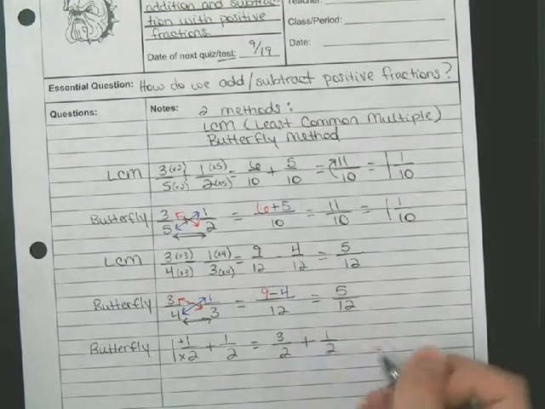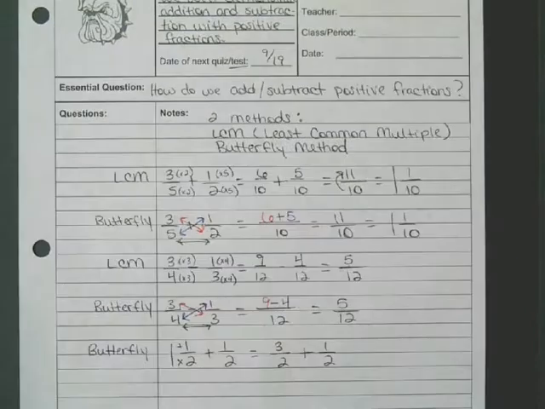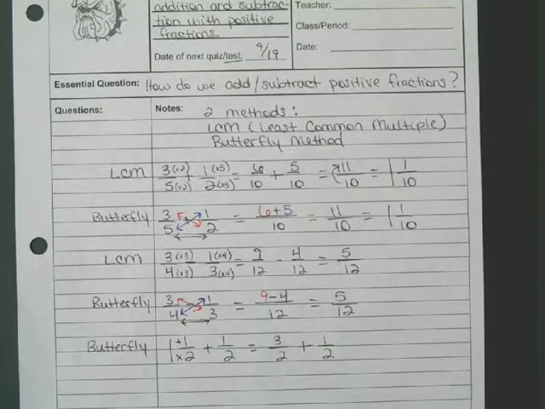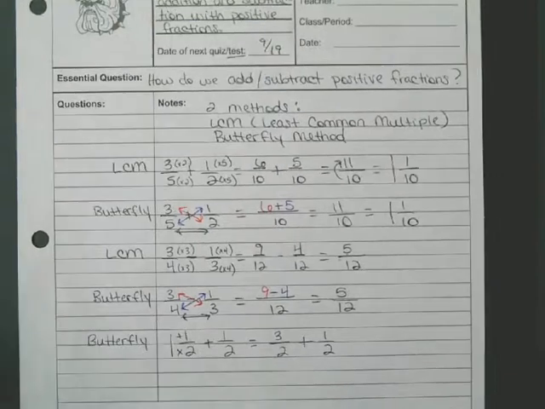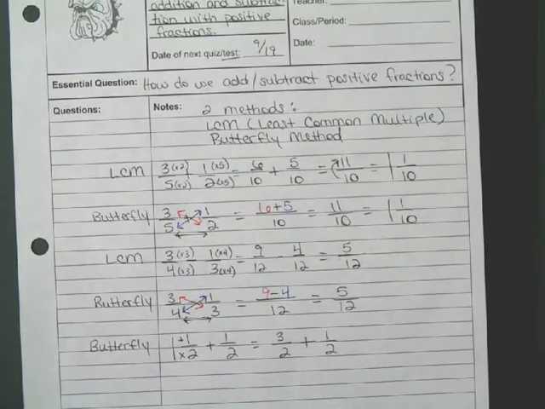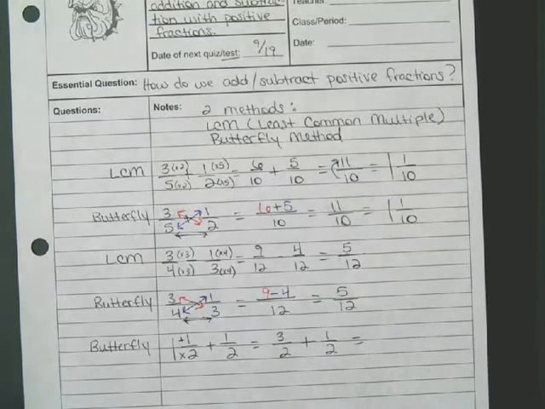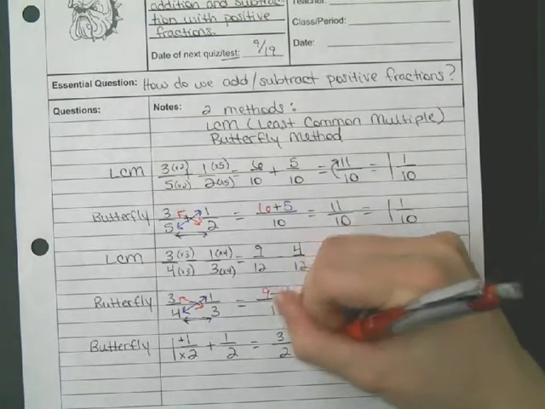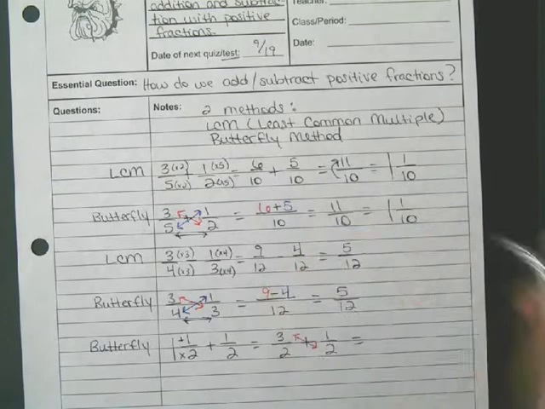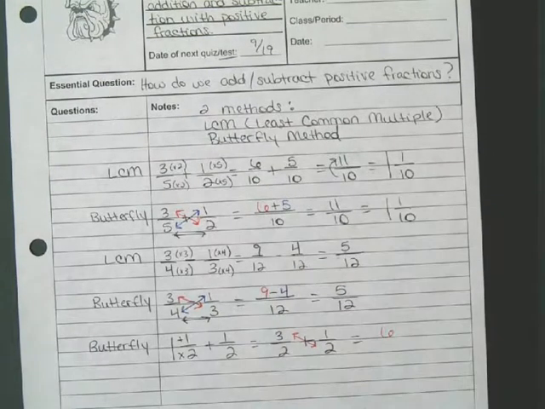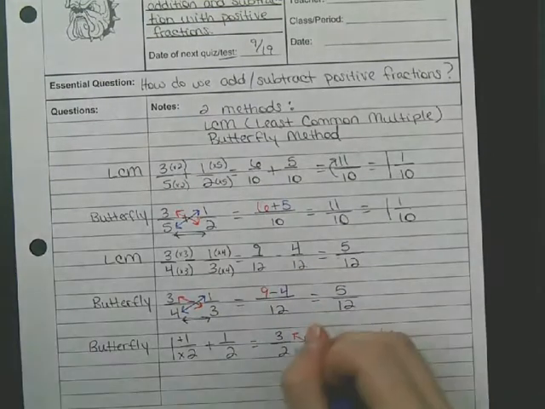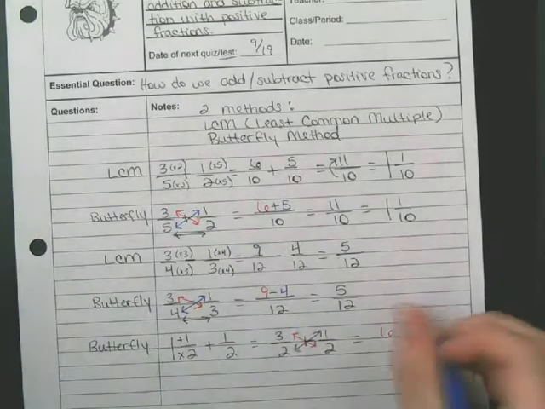So now I have 3/2 plus 1/2. Now, I don't actually have to use the butterfly method here because my denominators are the same, but I'm going to do it anyways, just so we can see it. So with the butterfly method, I'm going to multiply 3 times 2, which is 6. Then I'm going to multiply 2 times 1, which is 2.